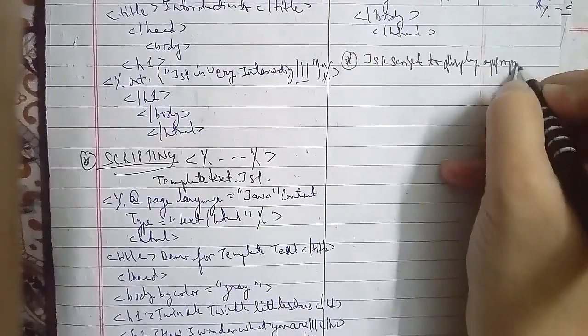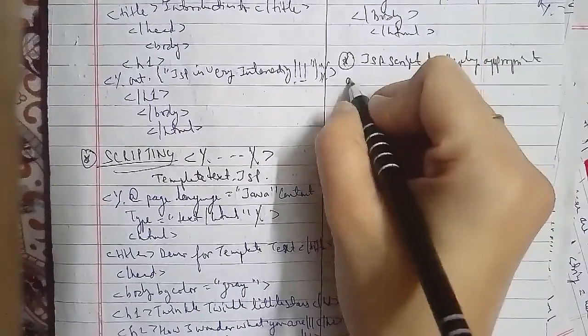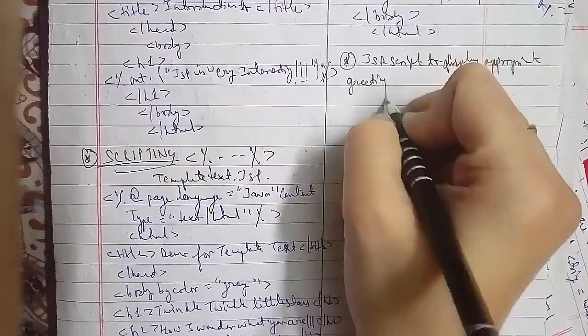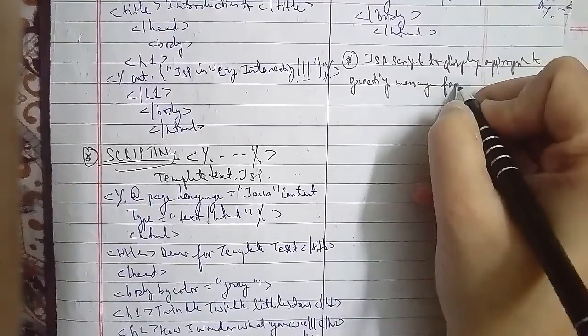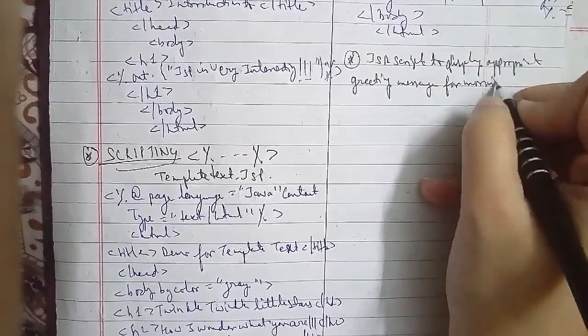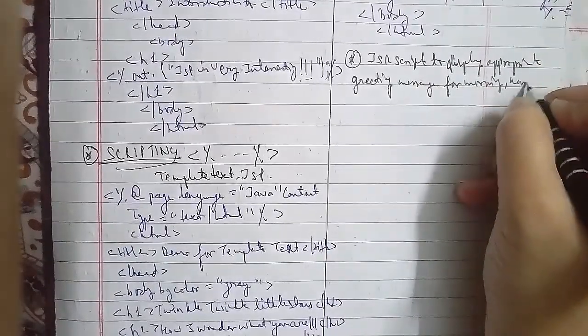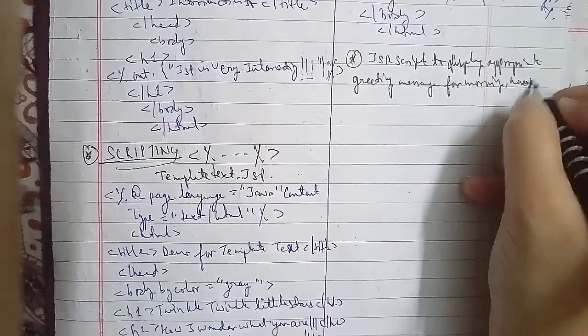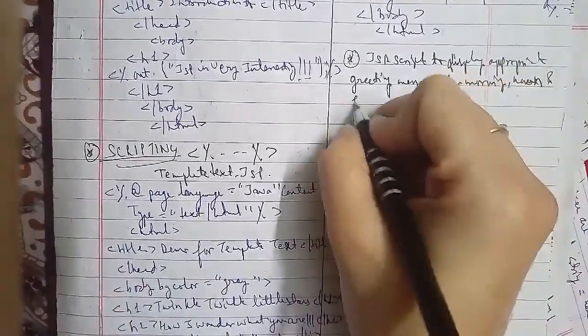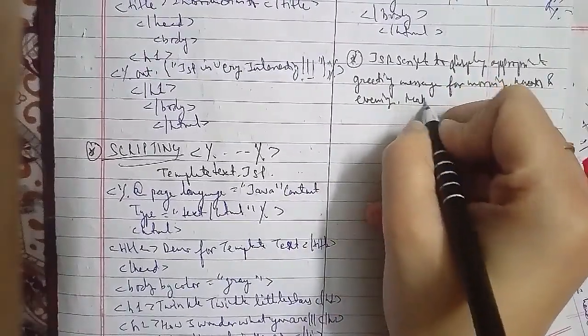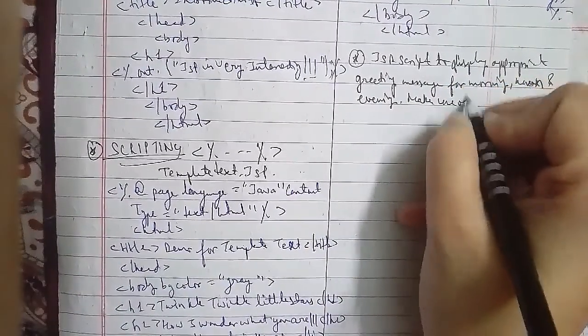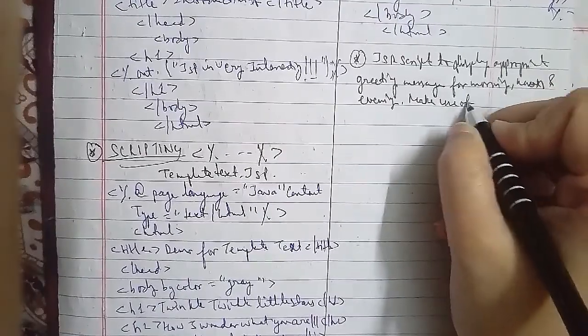And here after this we have percent sign at the rate page language equals Java, content type equals text/HTML.